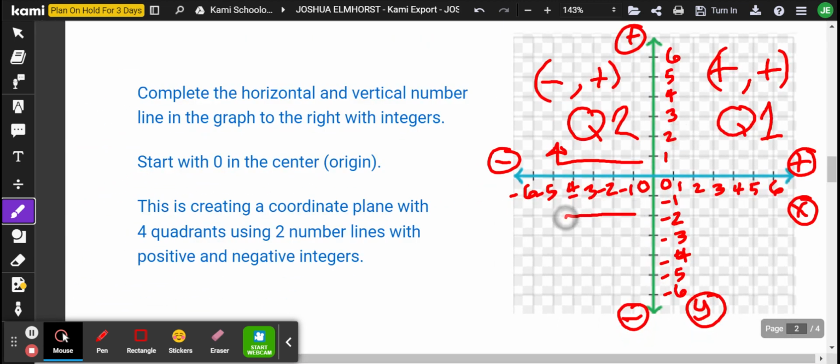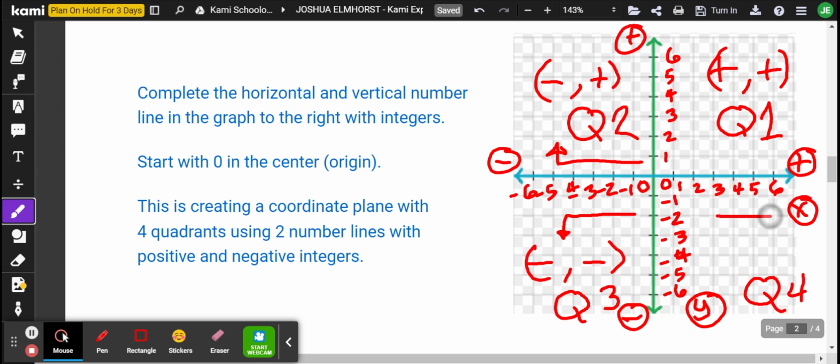Going left and then down, left is negative, down is negative, and we are just rolling around here in a C pattern, creating our quadrants and labeling it. So quadrant 1, quadrant 2, quadrant 3, quadrant 4. So this is going to be our 4 corners or our 4 quadrants.